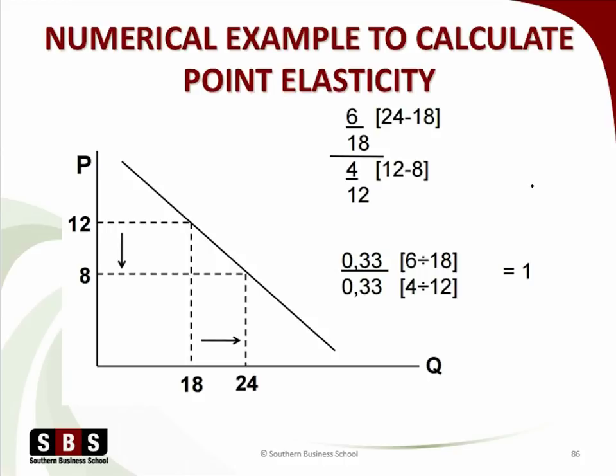So the price declines from 12 to 8. The difference is going to be 4, but the quantity is going to change. You're going to deduct, and it's a 6. So that's a 6 over the 4, and that gives you the 0.33, and that gives you the elasticity of 1. I think that was in the assignment. Most people got that right that I saw.